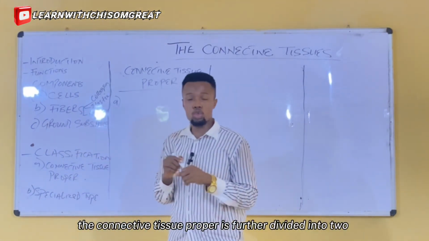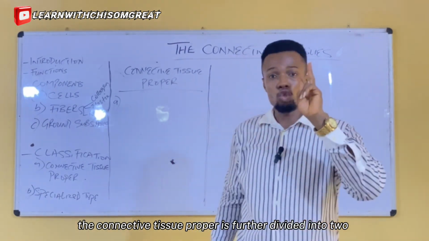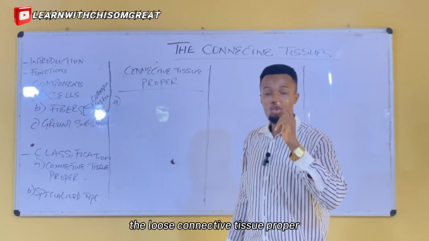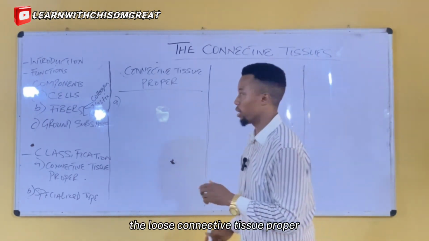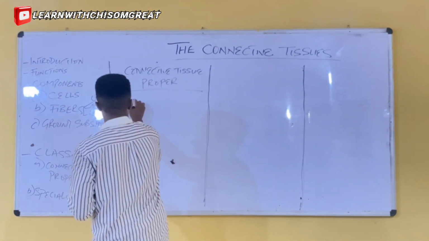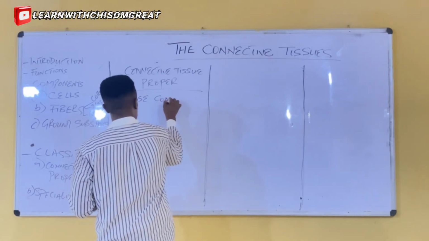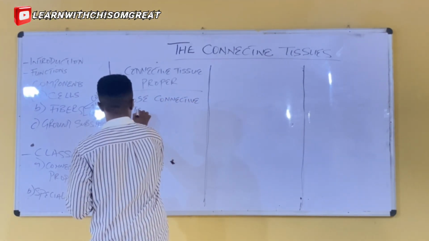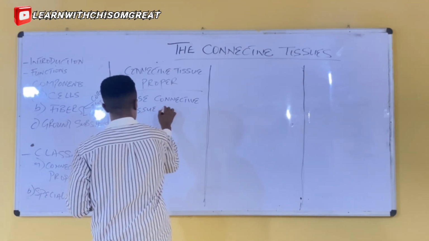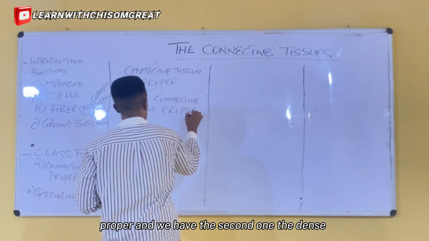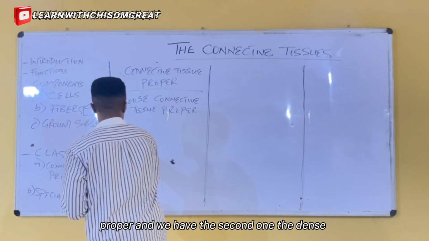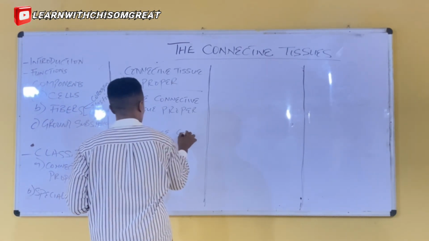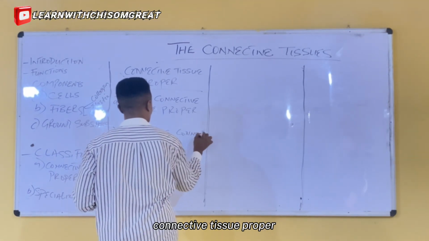The connective tissue proper is further divided into two. We have the first one, the loose connective tissue proper, and we have the second one, the dense connective tissue proper.